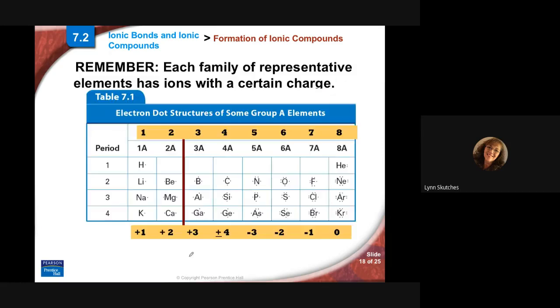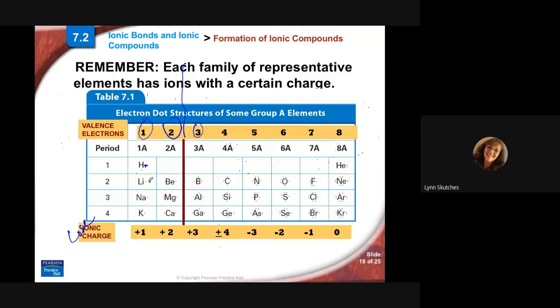All right, and then just as a review and just as a reminder, each group or family has their own number of valence electrons. Remember, the transition metals are here. Group 1, alkali metals have 1. Group 2 have 2. Group 3 have 3. All of these are going to lose electrons and get their ionic charges correspondingly.